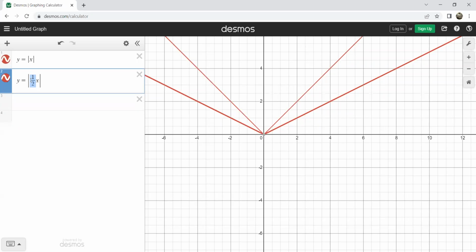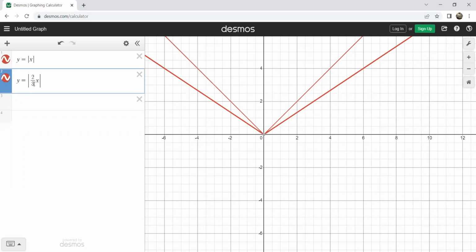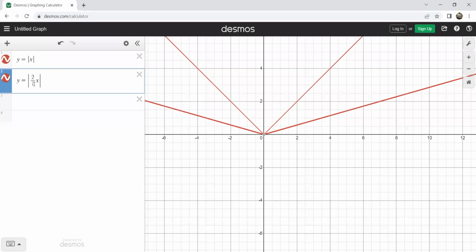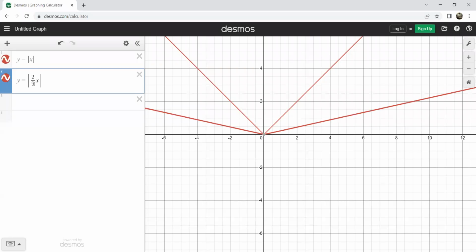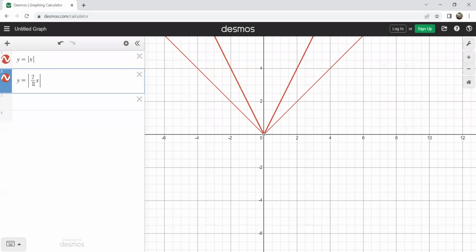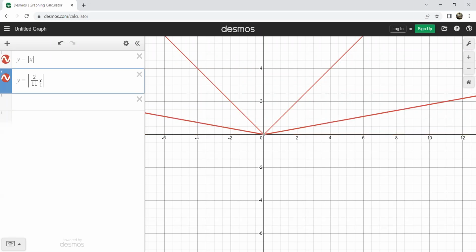For example, 2/3, 2/7, 2/9, and so on, it's almost like a flat line. If we just continue this, you get a wider graph.